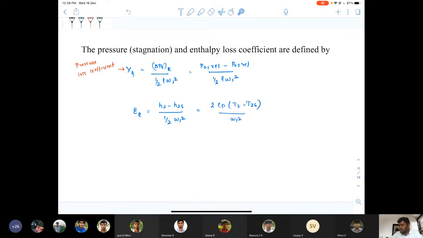That is, this 2 goes to the numerator, and H2 minus H2S is equal to Cp times T2 minus T2S. Therefore, the pressure and enthalpy loss coefficients are represented by these two equations for the rotor.